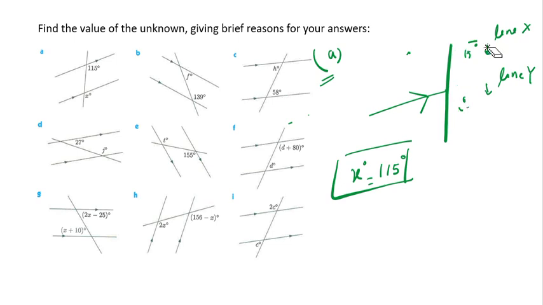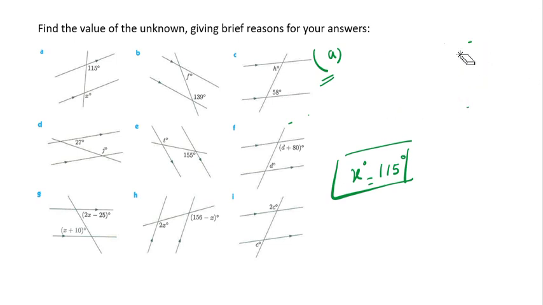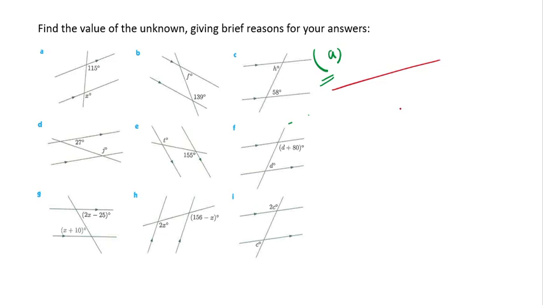In the second part you have to find the value of the variable f. So check carefully which angles they are forming. We know that they are parallel lines, and there is a transversal line. This is f degrees and this is 139 degrees.